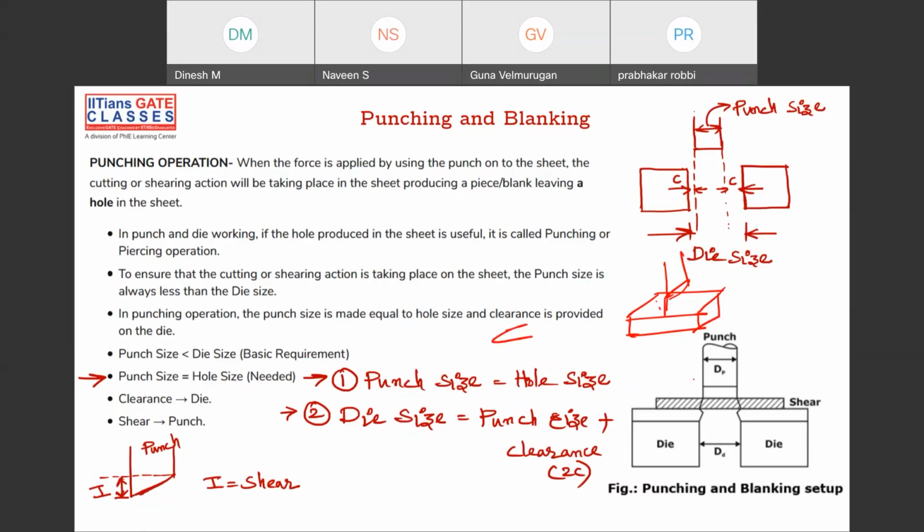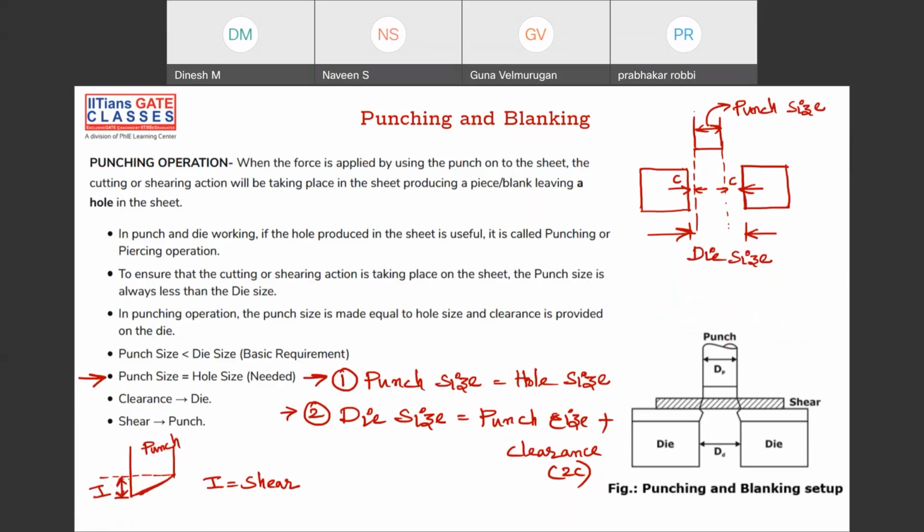Okay, now initially this tip will come into picture, and slowly this, then finally this. In the sense, the force will gradually increase. It won't suddenly increase. Are you getting my point? So this is with shear. This is without shear. Is it right? Yes. So that is why you provide this shear.